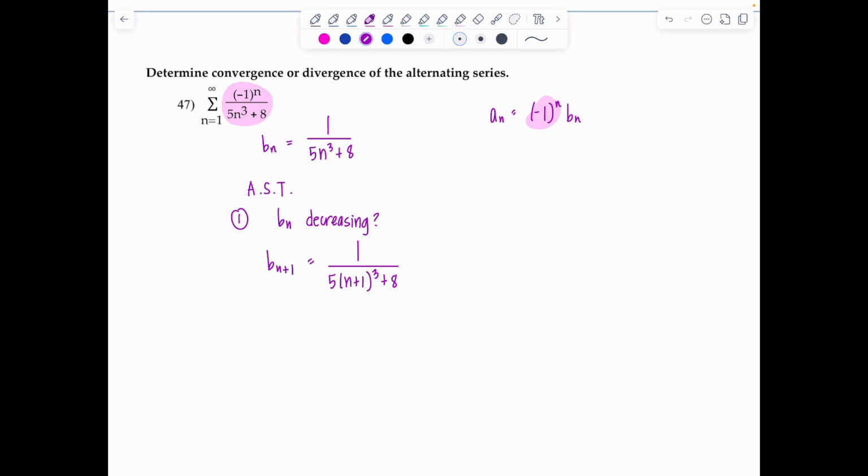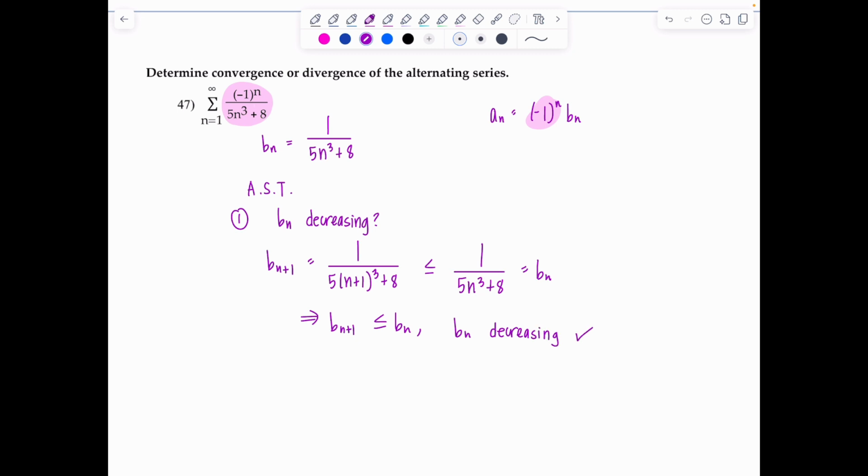And for sure, I just made the denominator bigger than what it was. So for sure, that's less than or equal to 1 over 5n cubed plus 8, which is b sub n. So since I just showed that b sub n plus 1 is less than or equal to b sub n, that means b sub n is decreasing. That's literally the definition of decreasing.